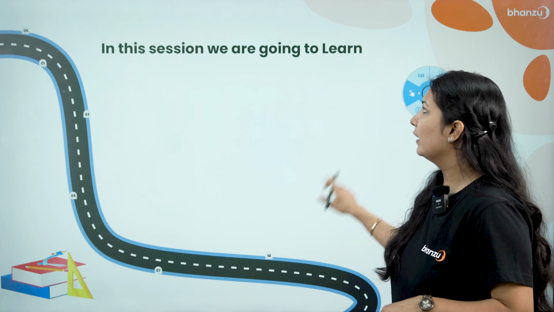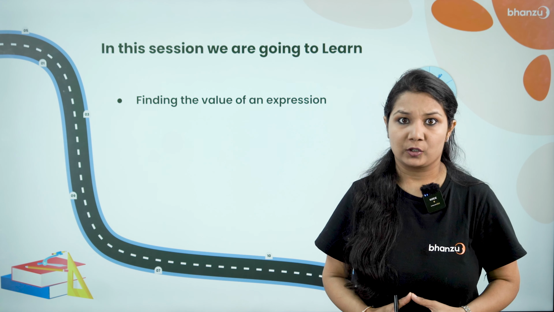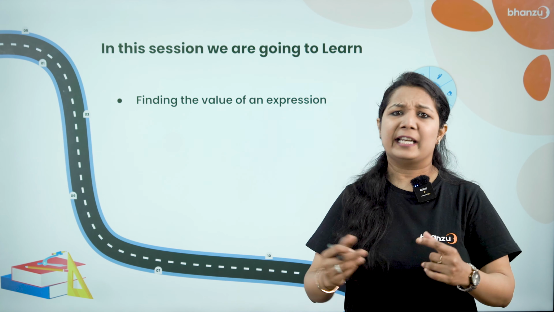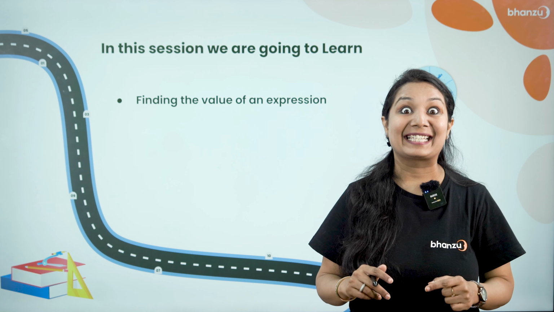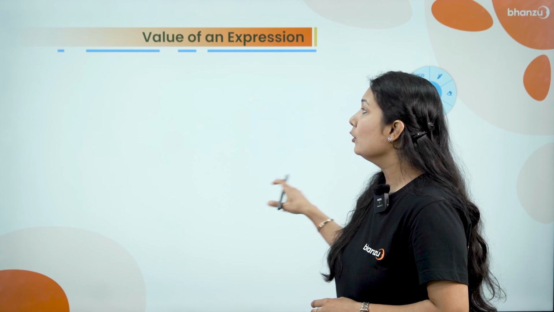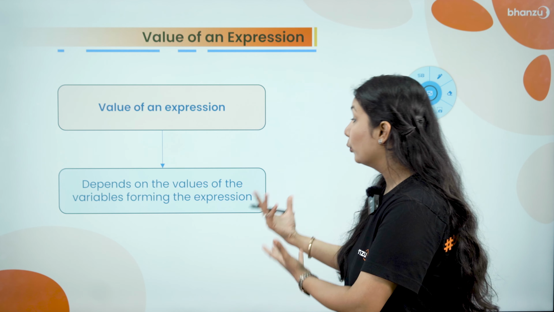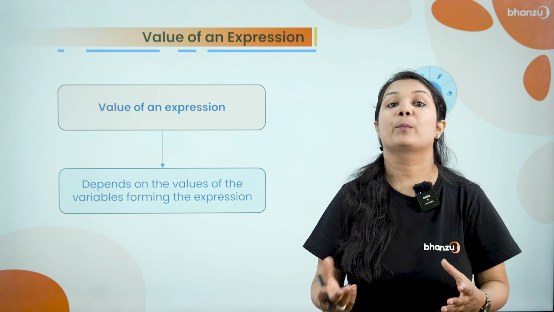Now let's move ahead and see how do we find the value of an expression. But before that, let's learn what is the value of an expression. The value of an expression always depends on the value of the variables forming the expression.